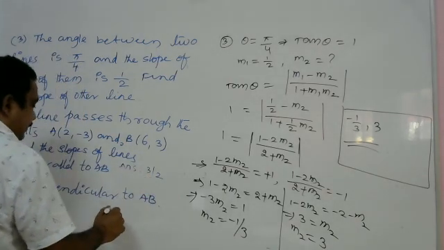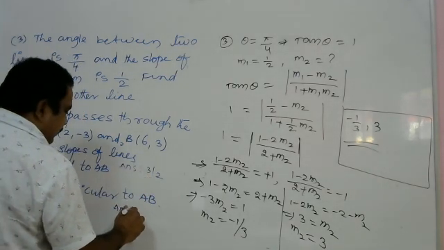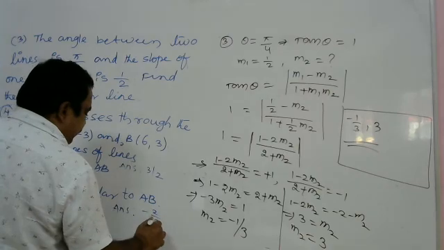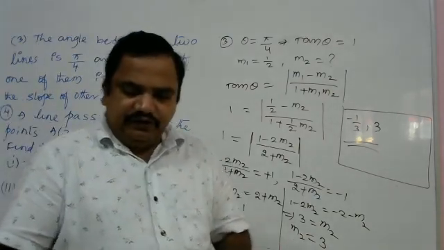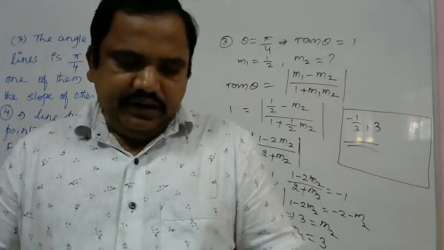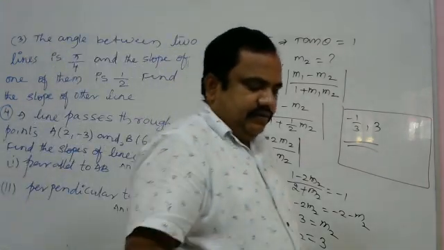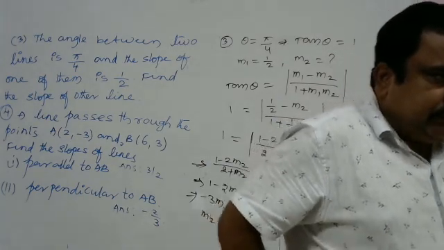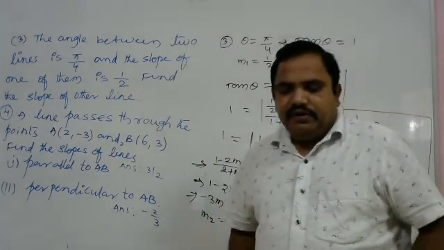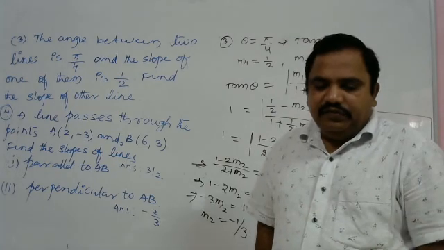And here the answer is what? Minus 2 by 3. Because m1 into m2 is minus 1. Correct? Got it everyone? Everyone got it? Yes.